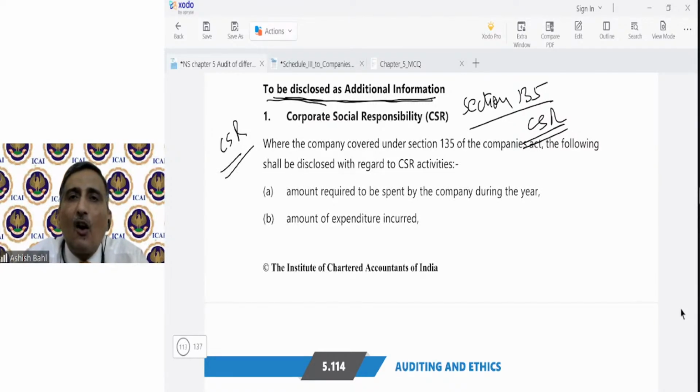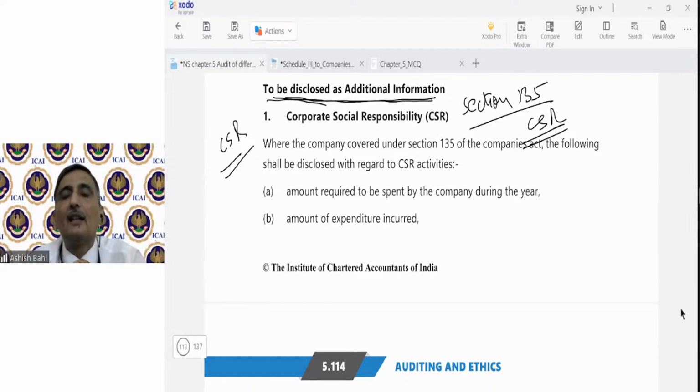The thinking in the government is that since you are a profitable company or you are a big company, you are crossing this threshold, obviously there is a responsibility upon you to do something towards society. Like do something towards education, disaster relief, the health front, protecting the environment.